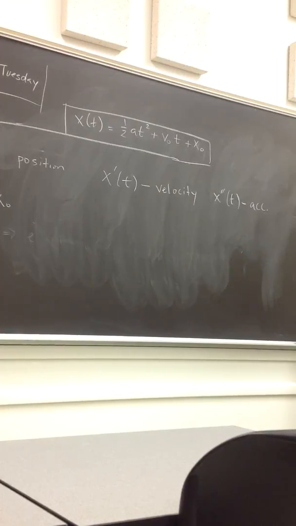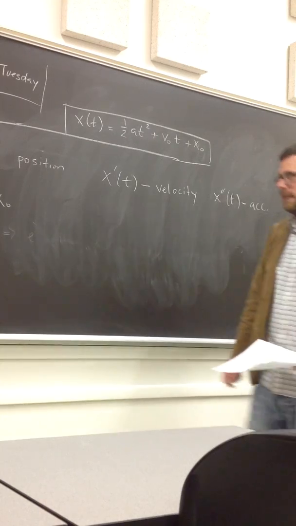So what to make of at t equals 0, the velocity was v sub 0? V sub 0 equals v naught.